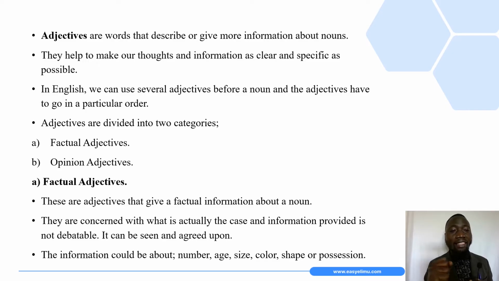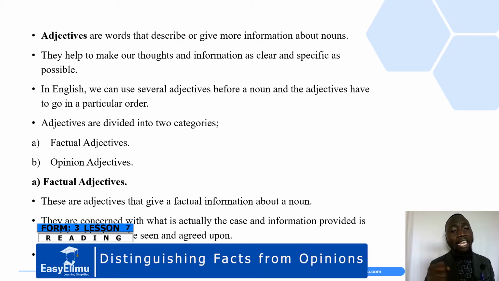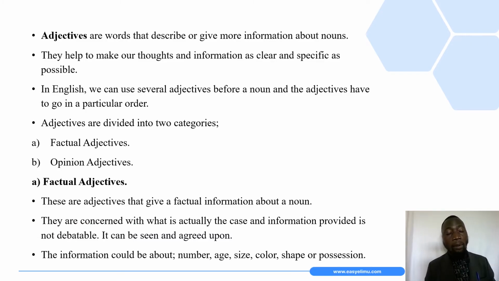When we say that they modify the nouns, it means that they give more information about the noun in question. Adjectives help to make our thoughts and information as clear and specific as possible.